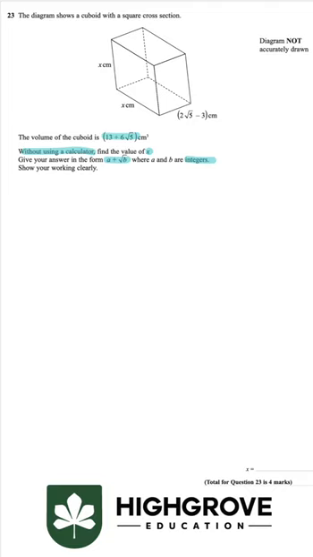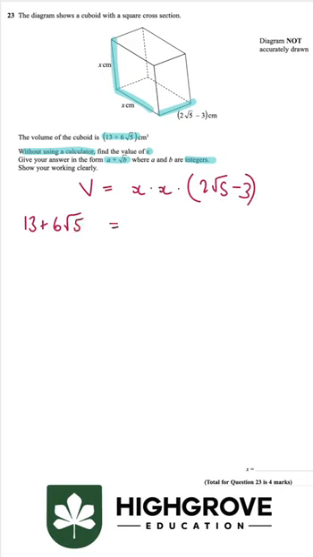So first of all, how do we find the volume of a cuboid? Well, we just multiply each of these side lengths that we've been given together. So we multiply x by 2 root 5 minus 3. And we're told that the volume here is 13 plus 6 root 5. X times x, that's x squared.